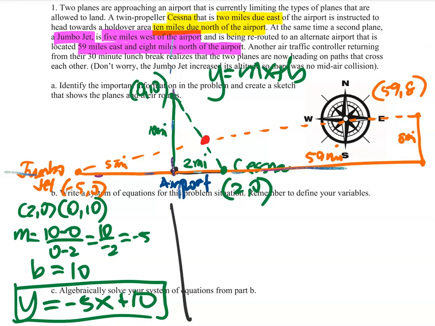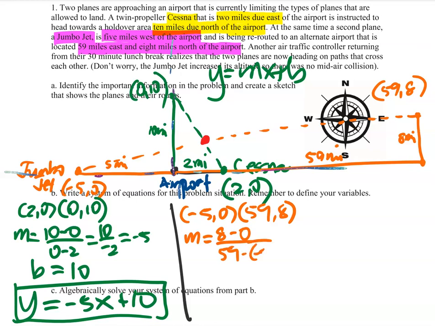Okay, then for Jumbo Jet, we have (-5, 0), this point here, and another point here, (59, 8). First solve for the slope. 8 minus 0 over 59 minus negative 5. So that is 8 over 64, since 59 minus negative 5 is 64.